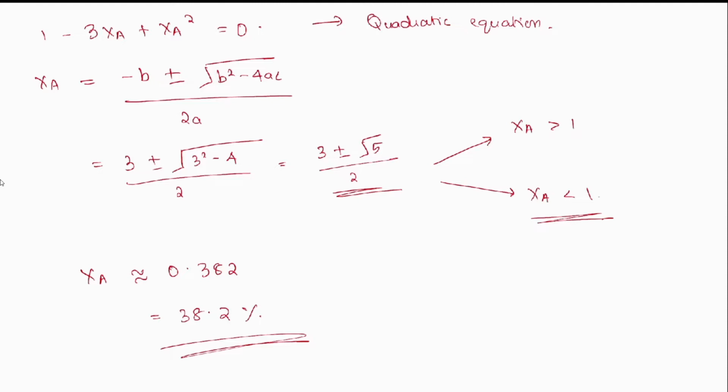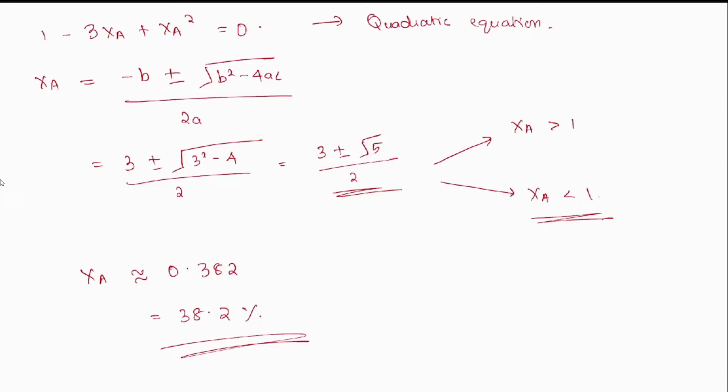In the ideal PFR case, we had all the data given to us except for the reaction rate constant. So we substituted all the values in the design equation for the ideal PFR, and found the value of the rate constant. Then we went to the ideal CSTR case and substituted this rate constant value in the ideal CSTR equation, and got a quadratic equation in terms of Xa, the conversion.